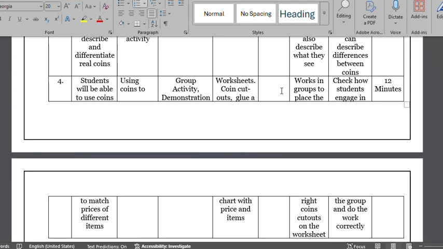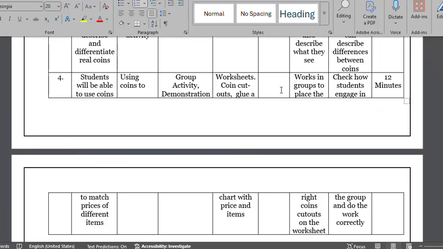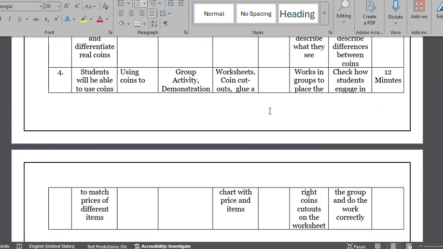In the worksheets the teacher will mention some pictures along with their price. The teacher will also provide coin cutouts, so they paste the correct coin near that picture. So that is the group activity.